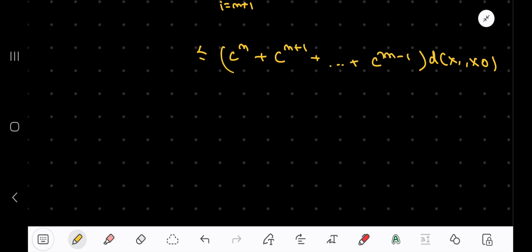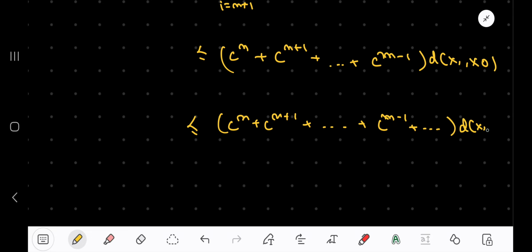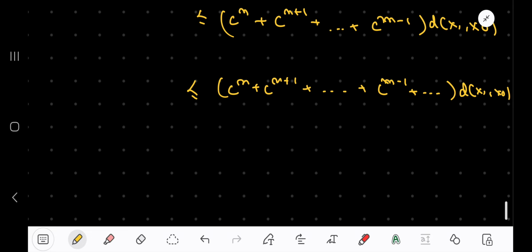What can we do now? I can take c^n outside. Let me not get into symbols too much. This will be less than or equal to the infinite sum, c^n plus c^{n+1} and so on, times d of x_1, x_0. Now if I pull out c^n, this just gives me this sum.